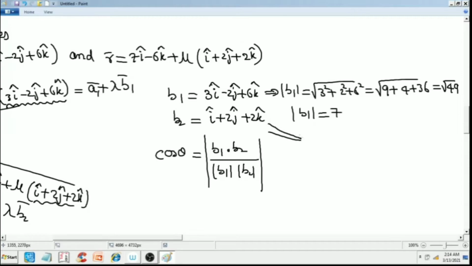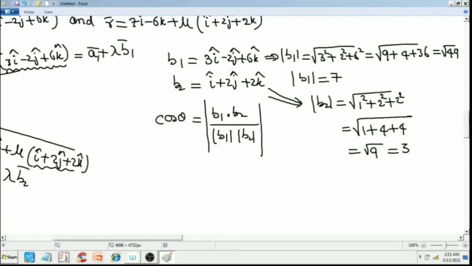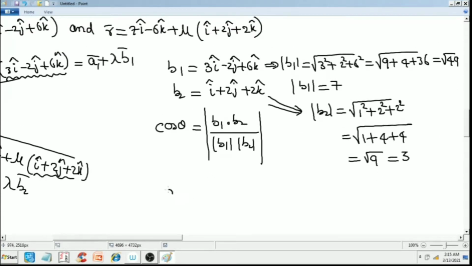And b2 modulus is root over 1 square plus 2 square plus 2 square, 1 plus 4 plus 4, root 9, which is 3.